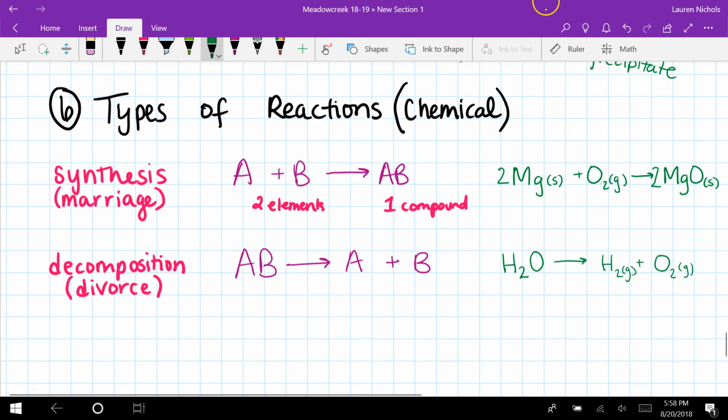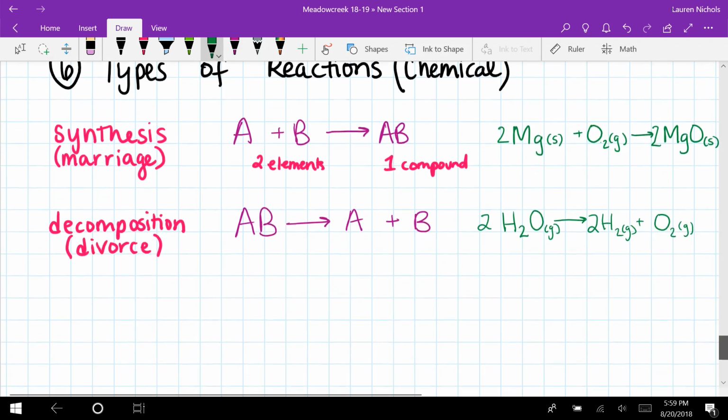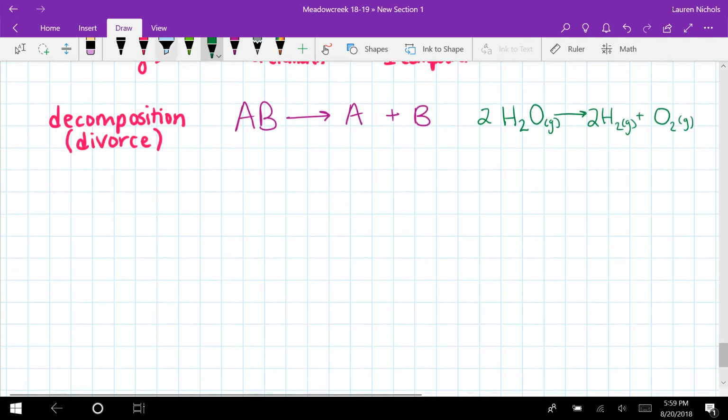So I'll make sure I put my states of matter here, and that it's balanced. So let's see, 2 and a 2. There we go. So that's our example. Synthesis and decomposition are the opposite of each other.